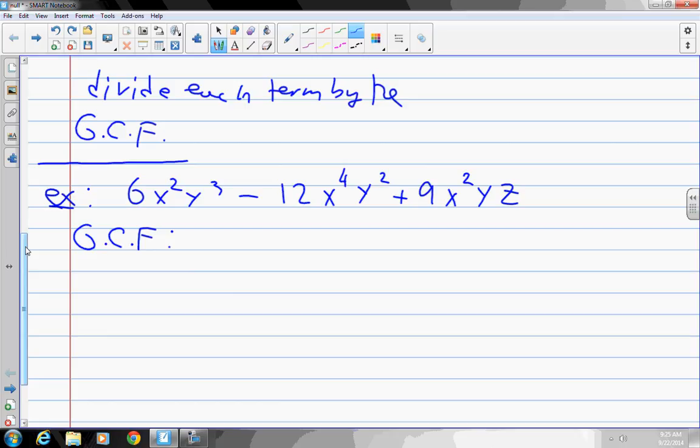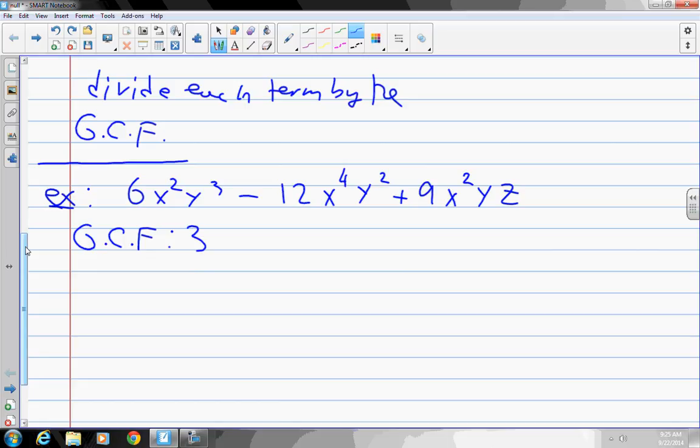So in order for me to find the greatest common factor, first, I'm just going to look at the numericals, 6, 12, and 9. And I'm going to take the largest number that divides 6, 12, and 9, which is what? 3. So 3 goes into the greatest common factor.